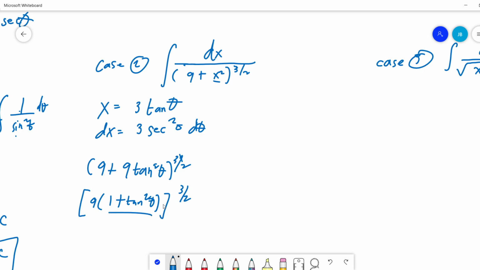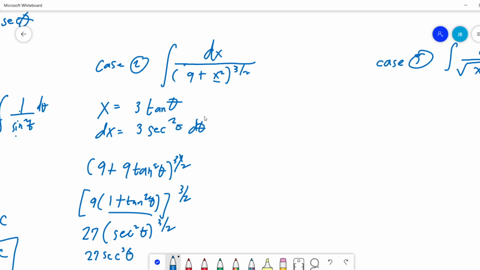We have another identity here. 1 plus tan squared theta is equivalent to secant squared theta. So 9 raised to 3 halves, that is 27, times secant squared theta raised to 3 halves. So that is 2 times 3, 6 over 2, that is 27 secant cubed theta.